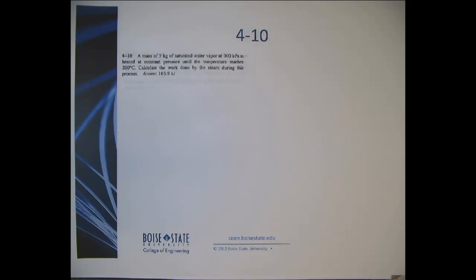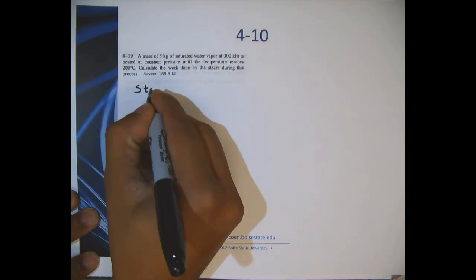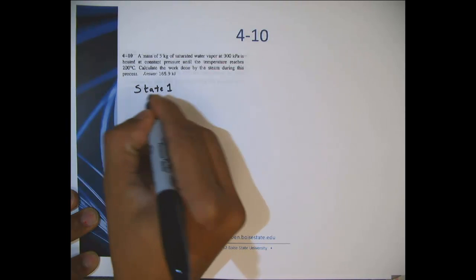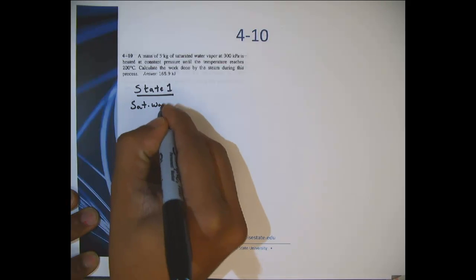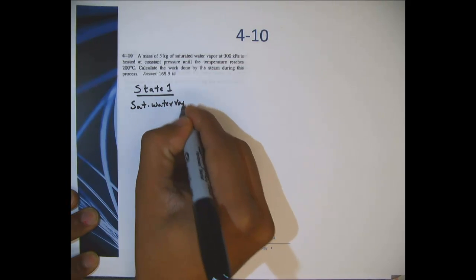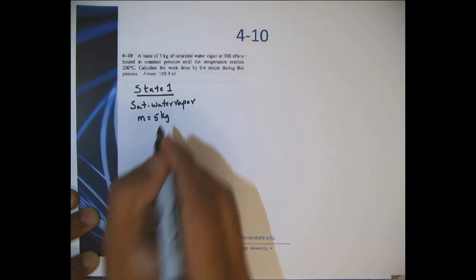In any of these problems, the best option is to first identify the states in the system, for example the initial state and the final state. Let me write what is given for state 1. It is saturated water vapor, with a mass of 5 kilograms.